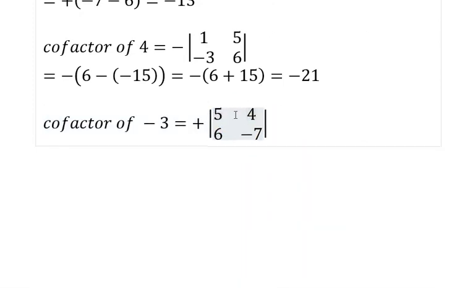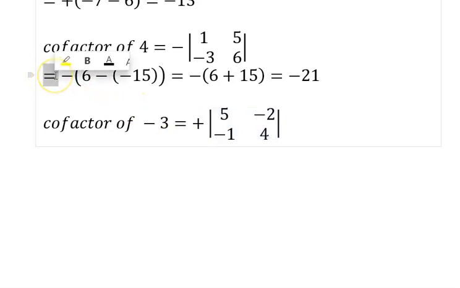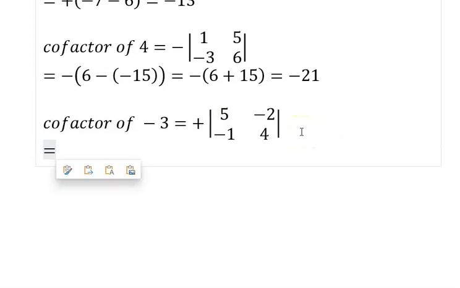5, minus 2, minus 1, 4. So let's go. Because our corresponding sign is plus as usual, let's see what we have. 5 times 4 will give us 20.